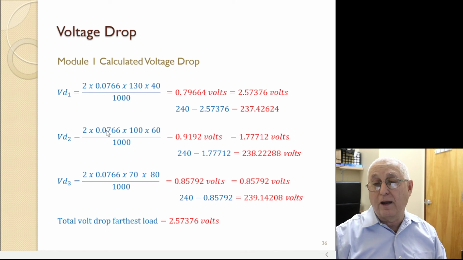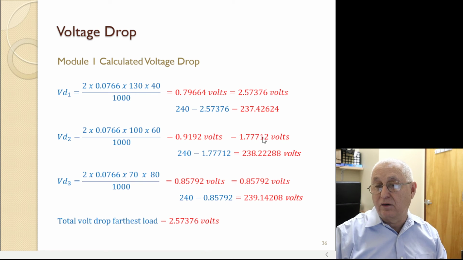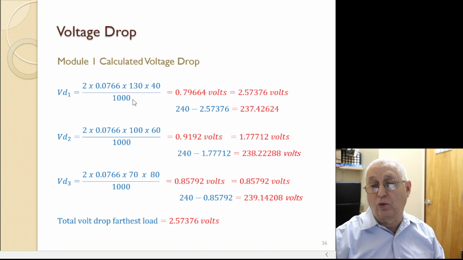On the 60 amp load, we have the same thing. 2 times 0.0766 times 100 times 60 divided by 1,000 gives us a 0.9192 volts drop for that. If we add this 0.85792 plus the 0.9192 volts, we get 1.77712 volts drop when we get to that 60 amp load.